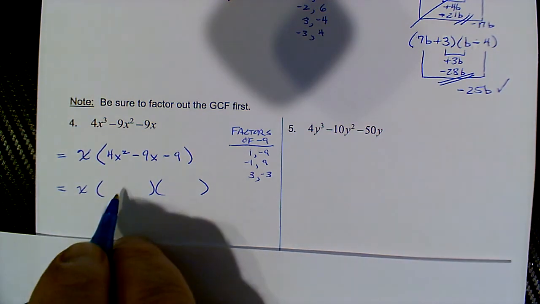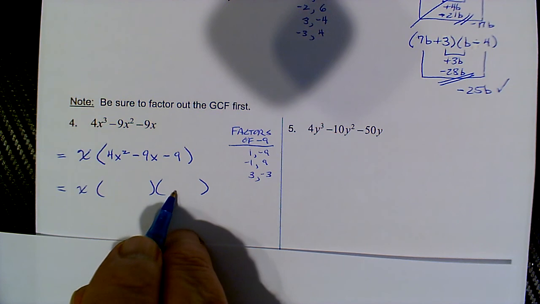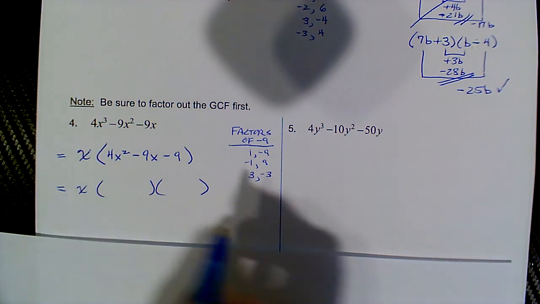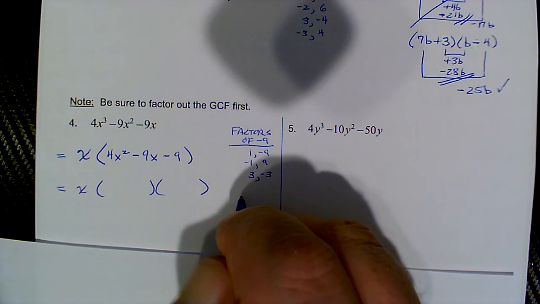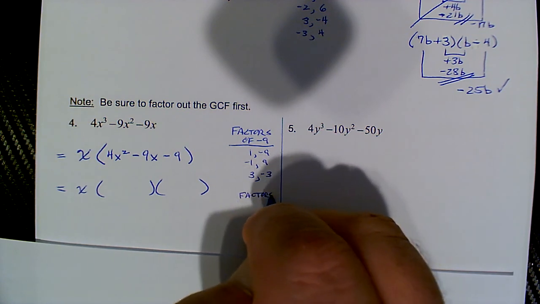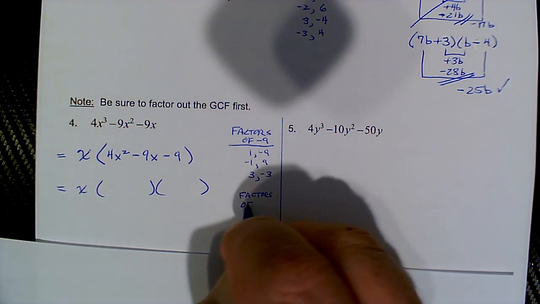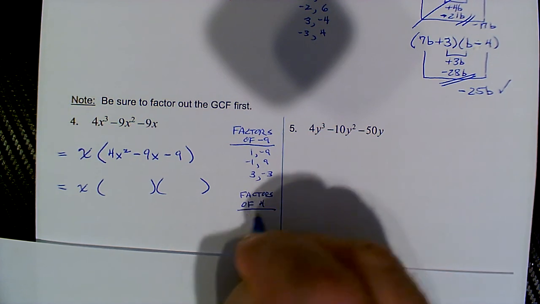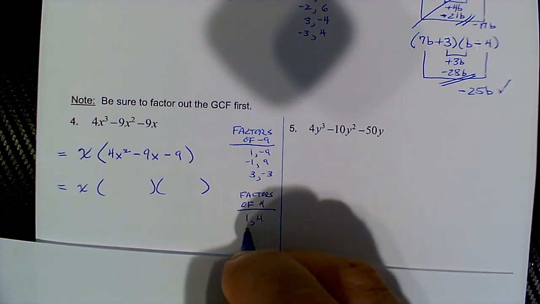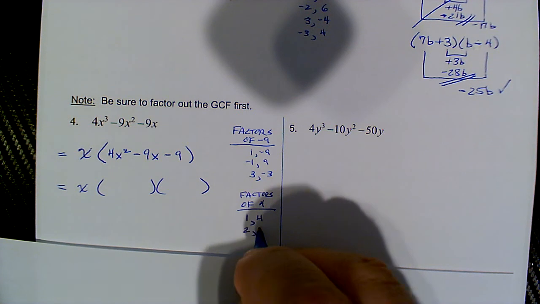But there is also two things to try for the factors of 4x squared. So we have to consider factors of 4 as well. And they're just 1 and 4 or 2 and 2.